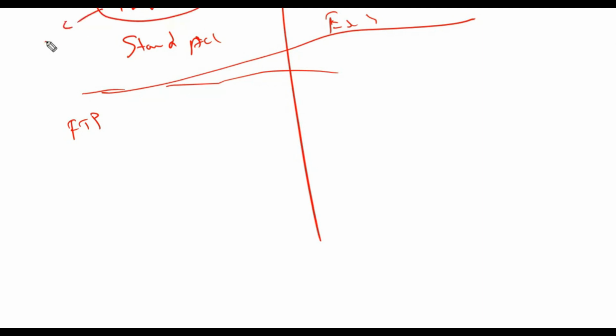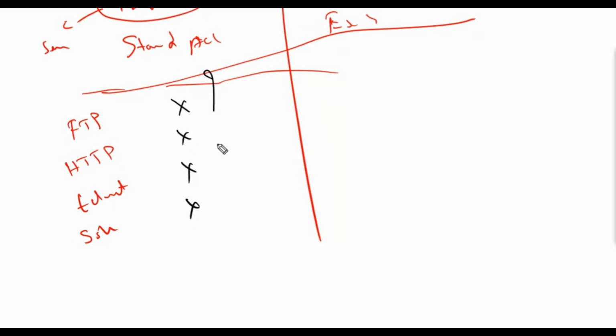Imagine this is a server that has FTP, HTTP, telnet and SSH, and the same thing is on this side too. So what will happen in a standard ACL? If you block this server, 192.168.1 dot server, the whole thing will be blocked, including all the services. All the services will be blocked.